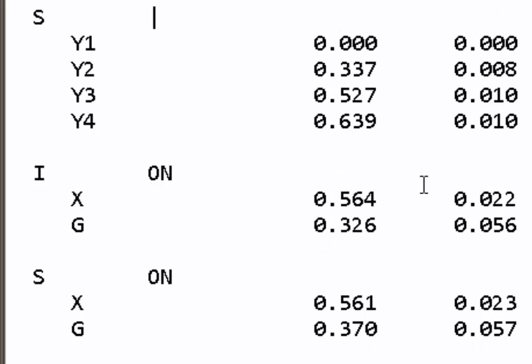So now we're no longer standardizing with respect to X. So here, I on G is 0.326. This is saying that a unit difference in G going from 0 to 1 is associated with a 0.326 standard deviation difference in I, which is our estimate of the baseline Y1, given our linear model.